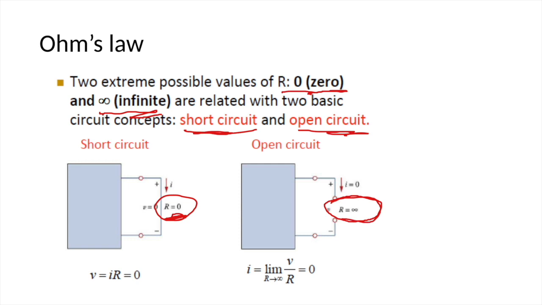In an open circuit, the resistance is infinitely large, so the current is zero. When R equals 0, according to Ohm's law, the voltage drop between these two points is 0.